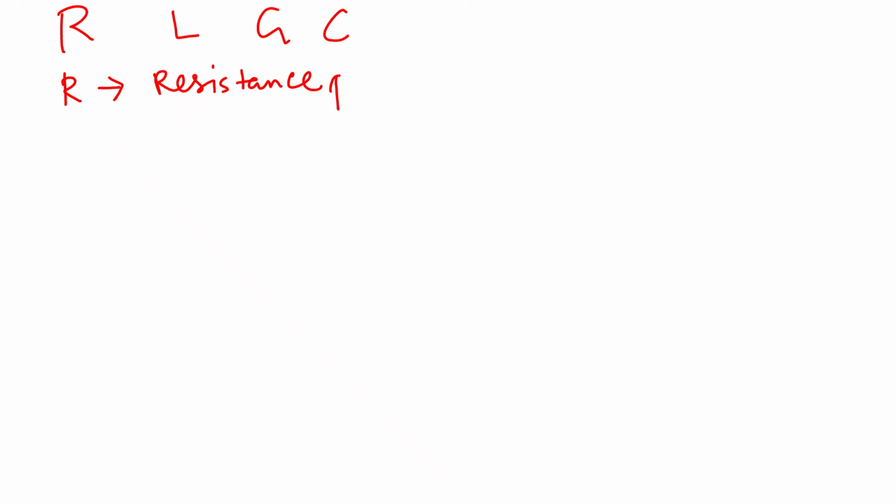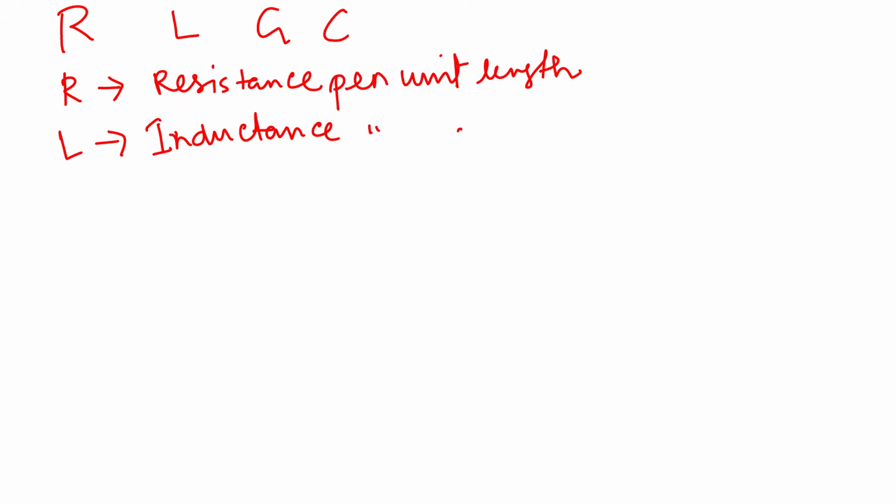Now, a transmission line in electromagnetics is usually represented in terms of four parameters, that is R, L, G and C. Now, what are these R, L, G, C? R is resistance per unit length. L is inductance per unit length.